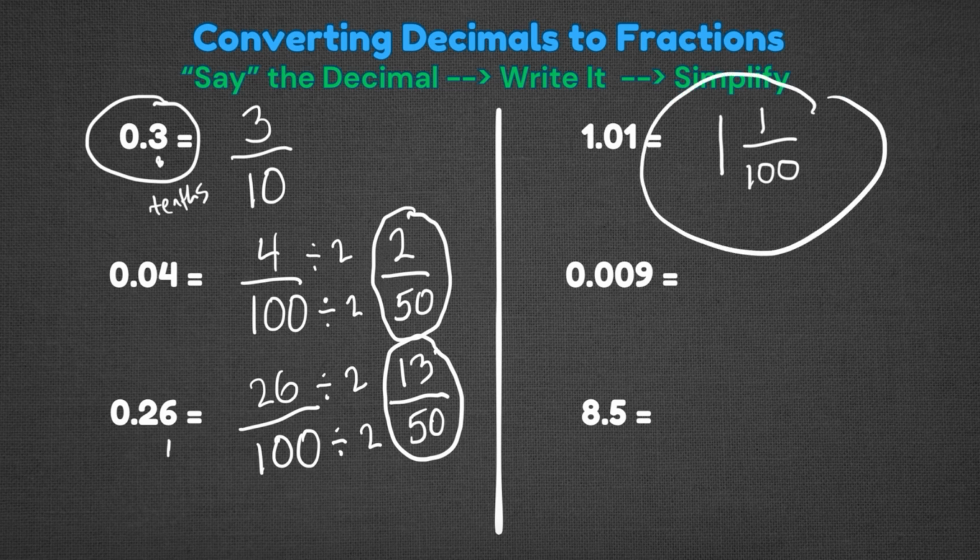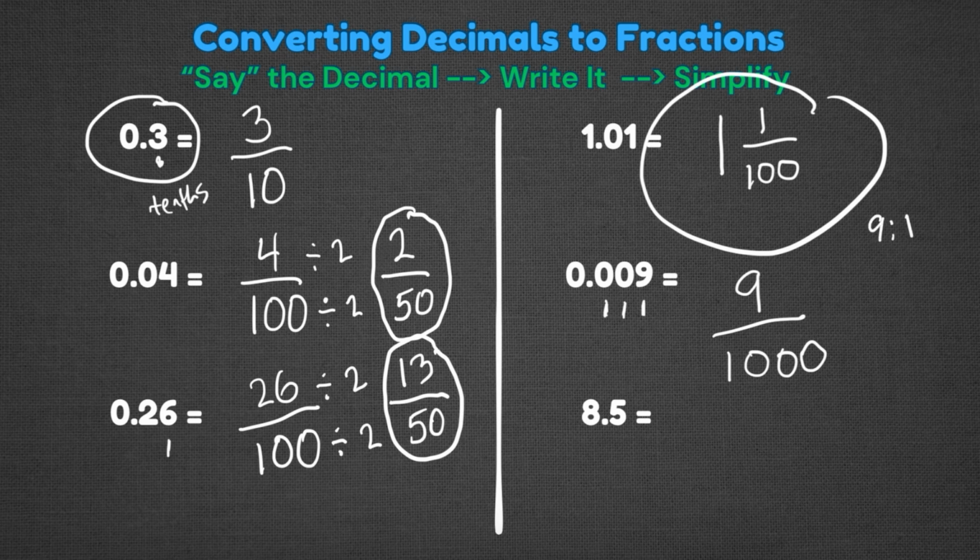Ooh, what place value is the 9 in? Well, let's see. We got tenths, we have hundredths, and we have thousandths. So this would be written as 9/1000ths. Now hold on a second here. I'm going to think about the factors. I know 1,000 has a lot of factors, but let's think about the 9.